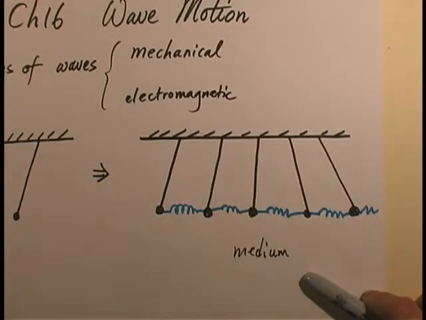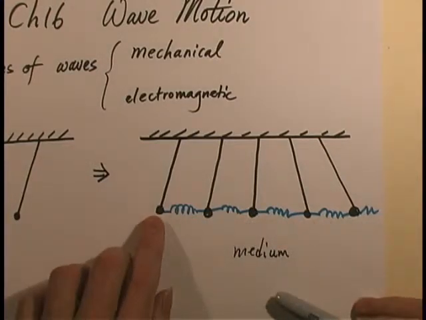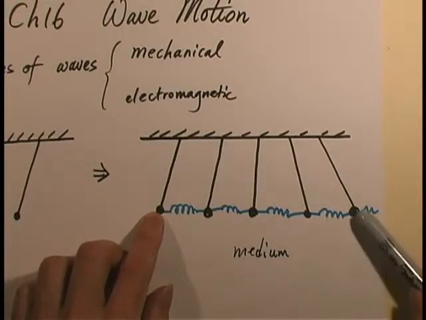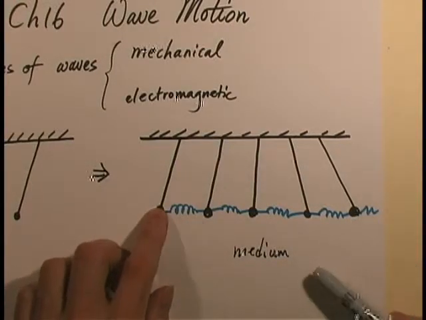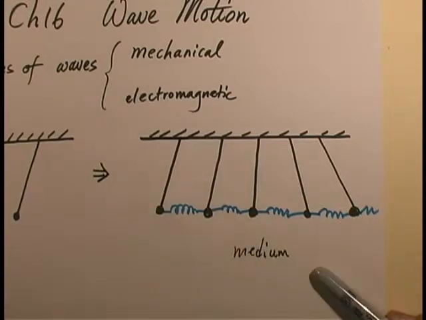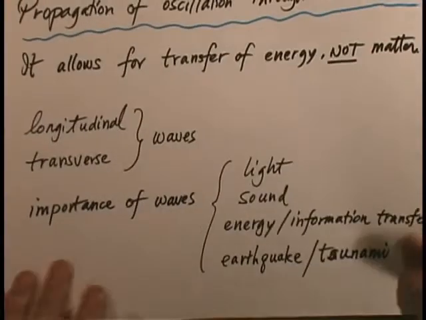Even though energy propagates this way, this pendulum never actually makes its way over there, does it? It stays here, right? It can always oscillate back and forth. It never actually jumps from here to there. So you know, wave is a way for energy to propagate without carrying physical particles with it. So this is an important mechanism.